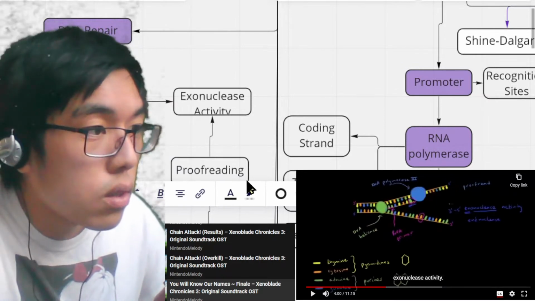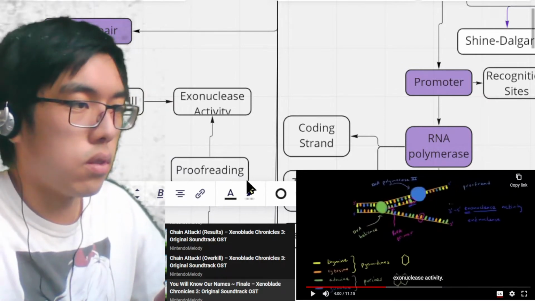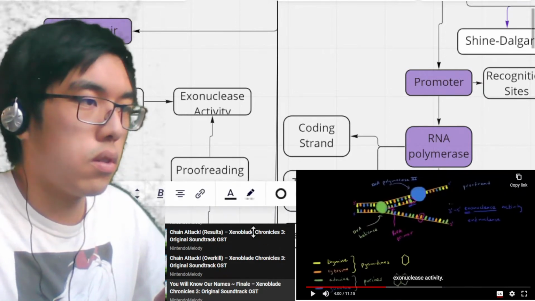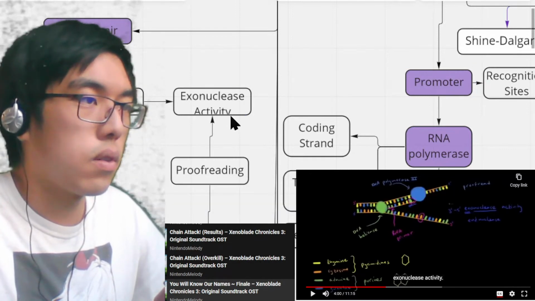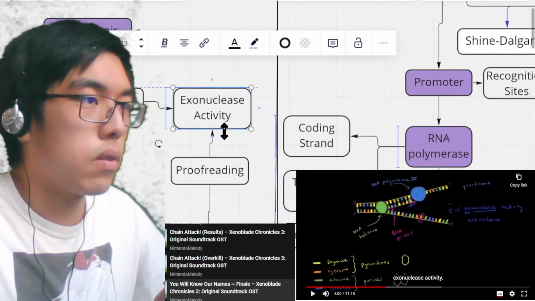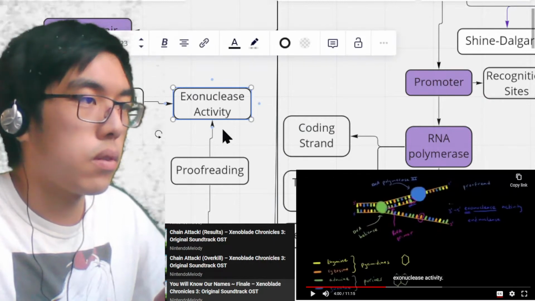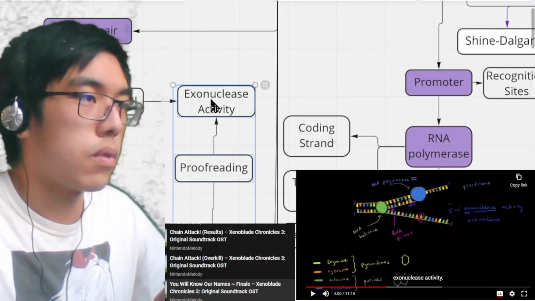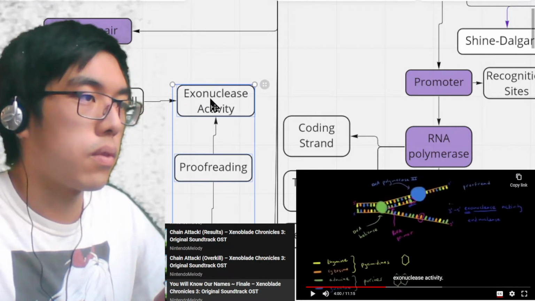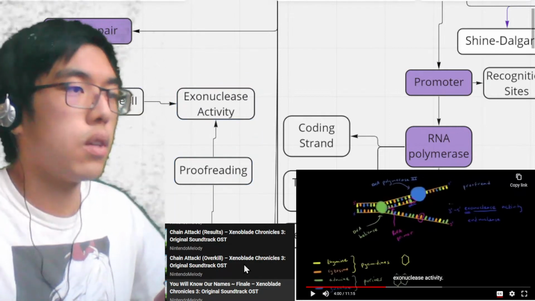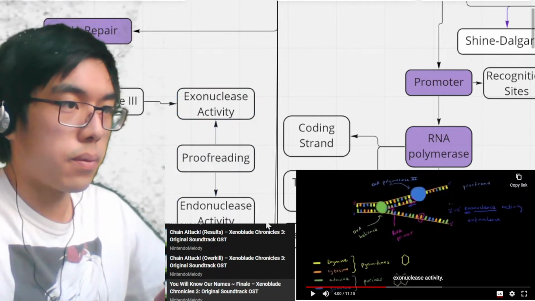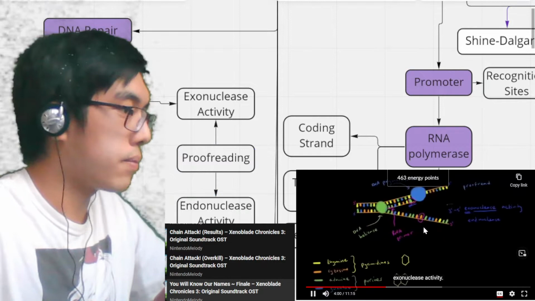Endonuclease activity. Oh boy, okay. That looks pretty good.